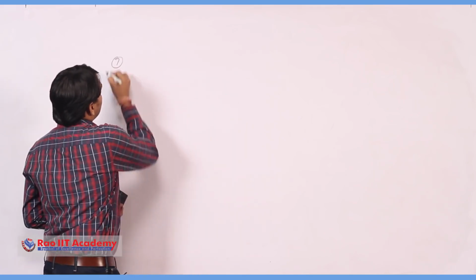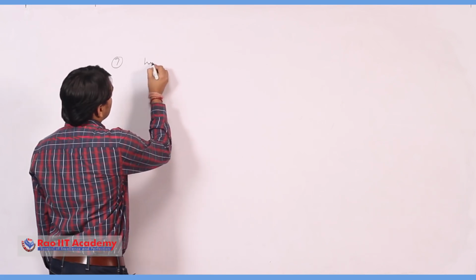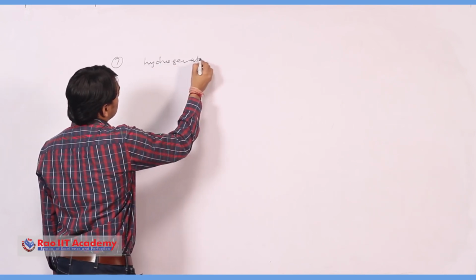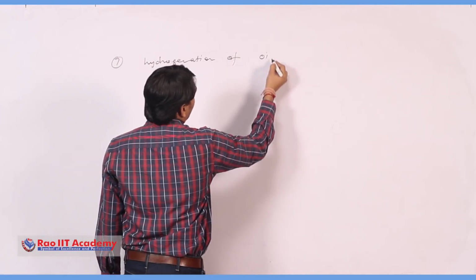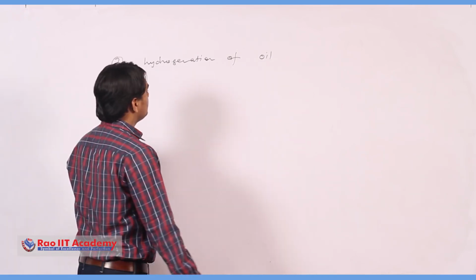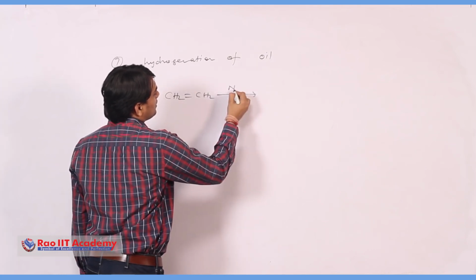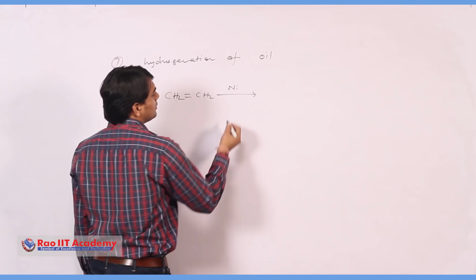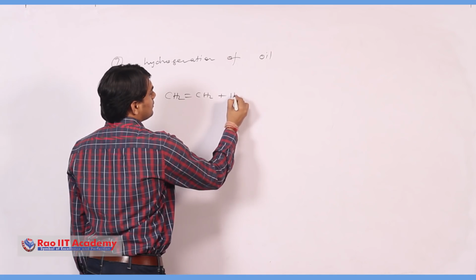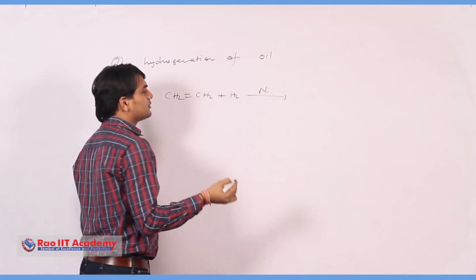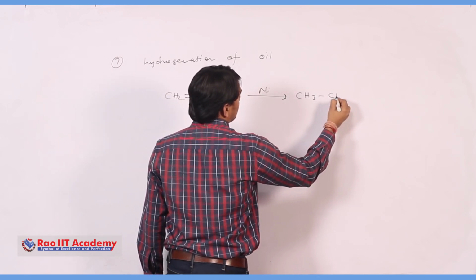And one more important adsorption application I will give you, that is hydrogenation of oils or unsaturated fats, in which we use nickel as catalyst, while hydrogen reacts with that unsaturated hydrocarbon to give you saturated hydrocarbon.